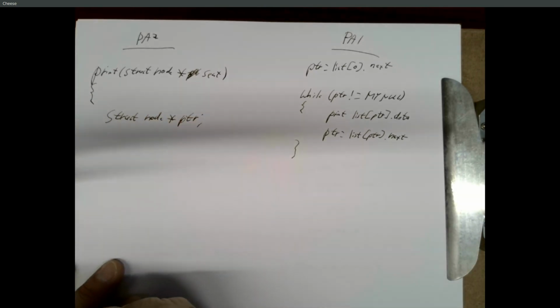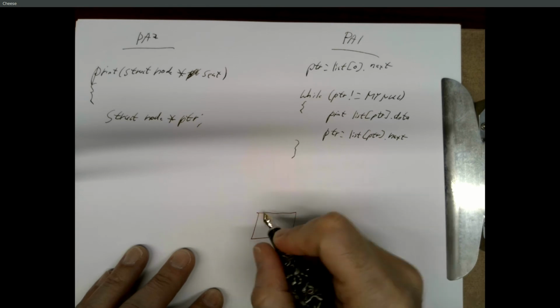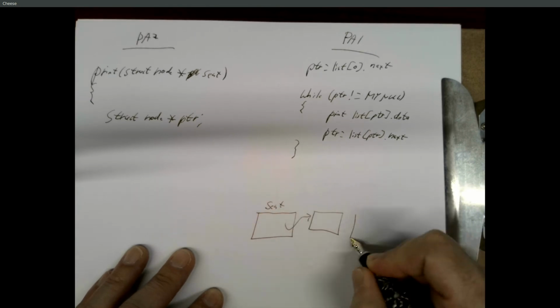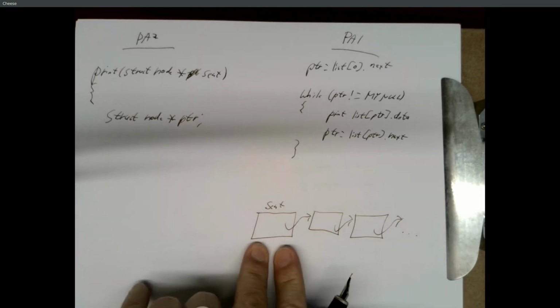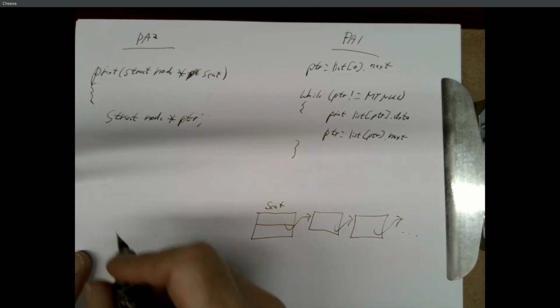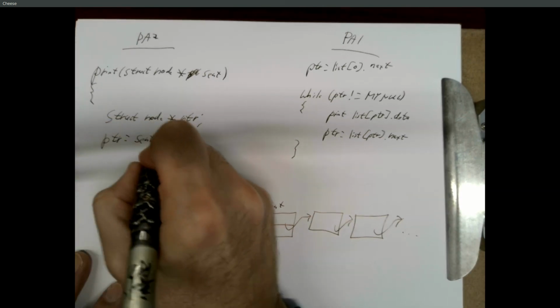So what should we initialize pointer to? Sent arrow next. Right, we're being given the address of this. Sent arrow next is the contents of this next field. That should be the address of this node. So we say pointer equals sent arrow next.